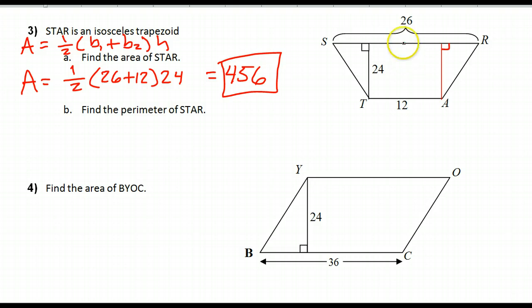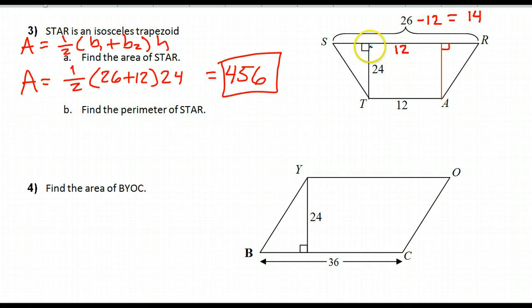If this is 12, right here in the middle, and the whole length is 26, what's 26 minus 12? 26 minus 12 is 14.